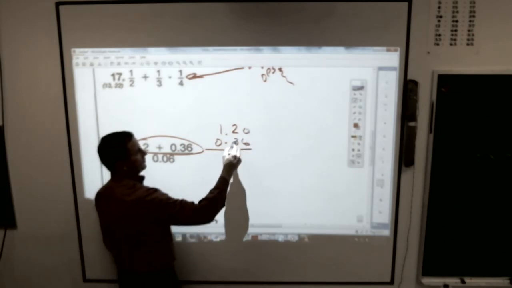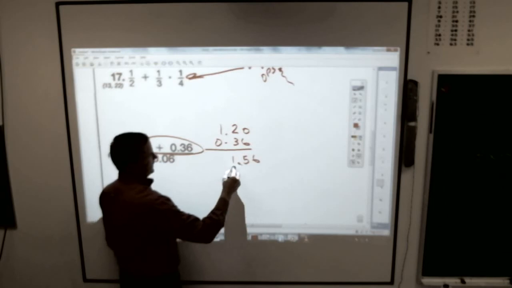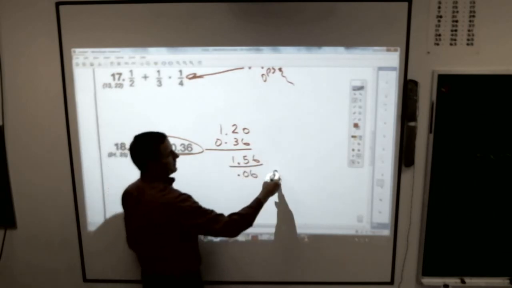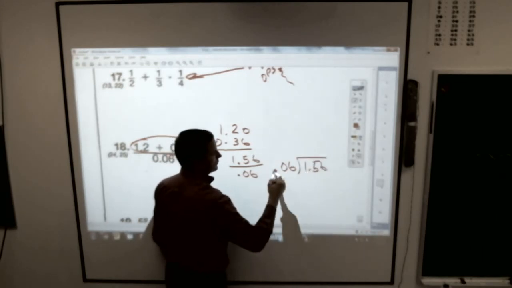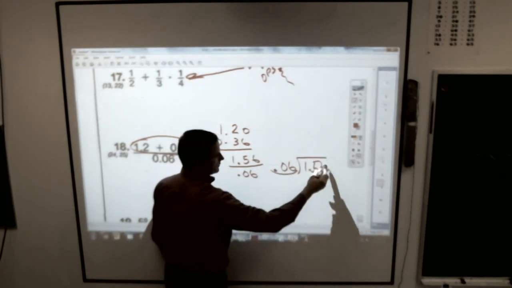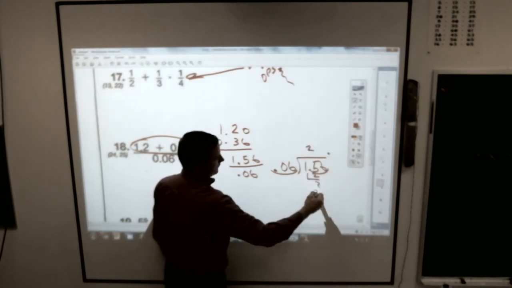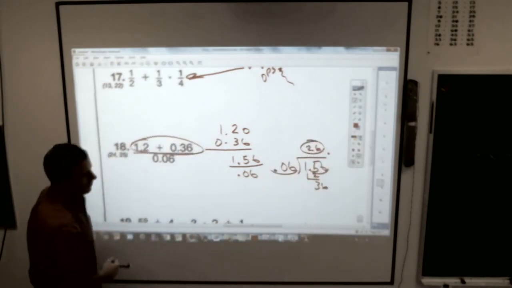Me, I get 1.56. And that gets divided by 0.06, bottom into the top, so it's 0.06 into 1.56. Move the decimal 2 places, move the decimal 2 places, decimal goes right there. 2, 12, 36, 6, 26.